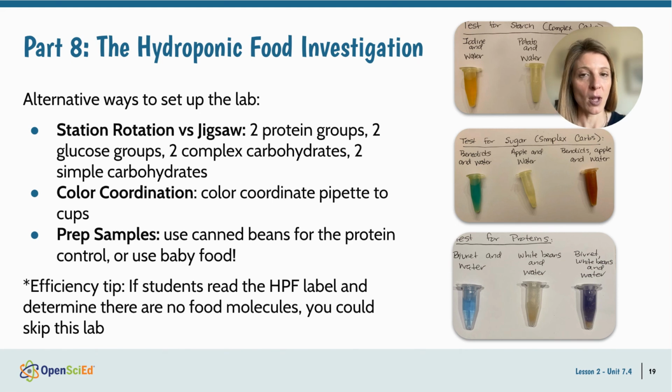Some people have suggested to use baby food because it's already blended. Remember, if you're trying to use beans, use canned beans for your protein control because they're much easier to break down than dry beans. However, if your students read the hydroponic food label and determine that it doesn't have food molecules in it, you can move on. But this is a very fun lab, and I recommend keeping it.